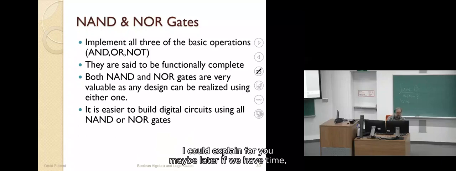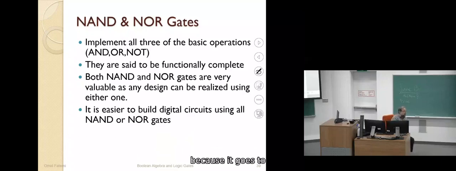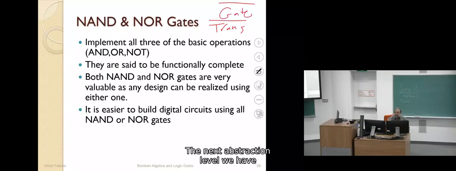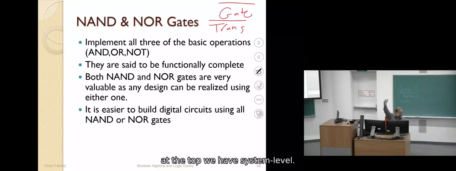which I could explain for you maybe later if we have time, because it goes to the implementation at the transistor level. I told you that at the bottom we have transistors, then in the next abstraction level we have gates, the next we have RT, register transfer level, and at the top we have system level.